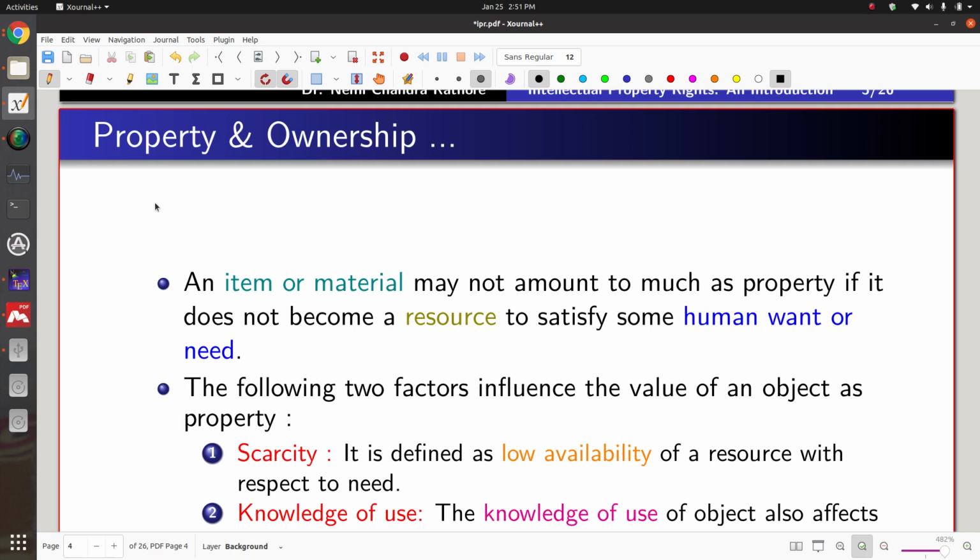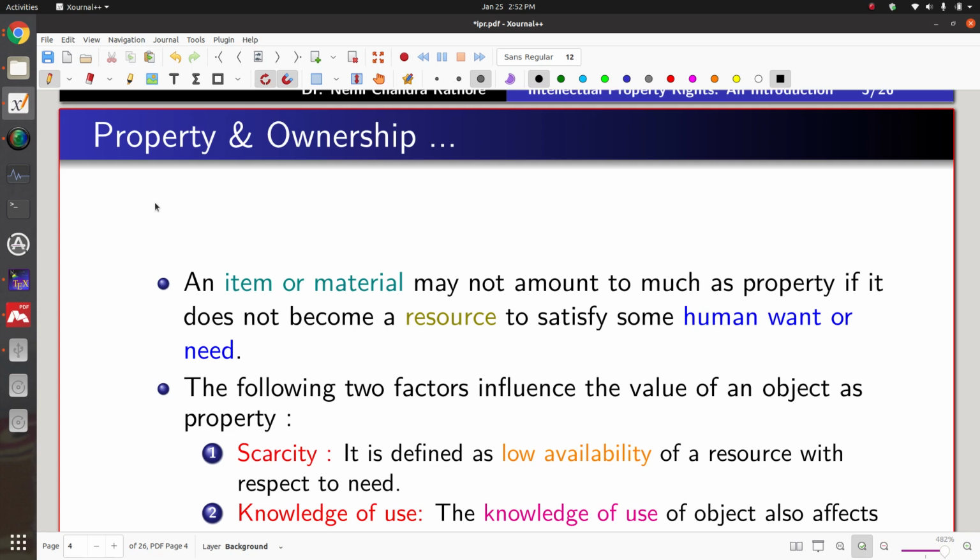For example, in case of land, you can say this land is of higher value, this land is of lower value, because that land is not irrigated land, सिंचित ज़मीन नहीं है, सिंचित ज़मीन को क्या बोलेंगे?